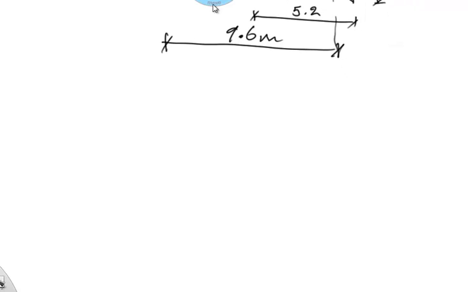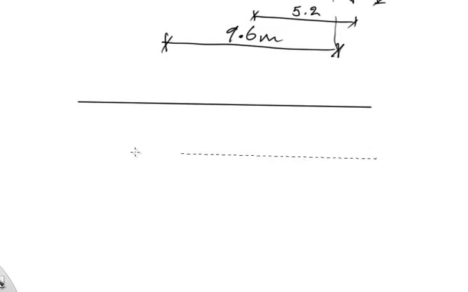The best example I can think of right now is when we are doing reinforced concrete. For example, the location of the rebar. So let's say we have a beam.